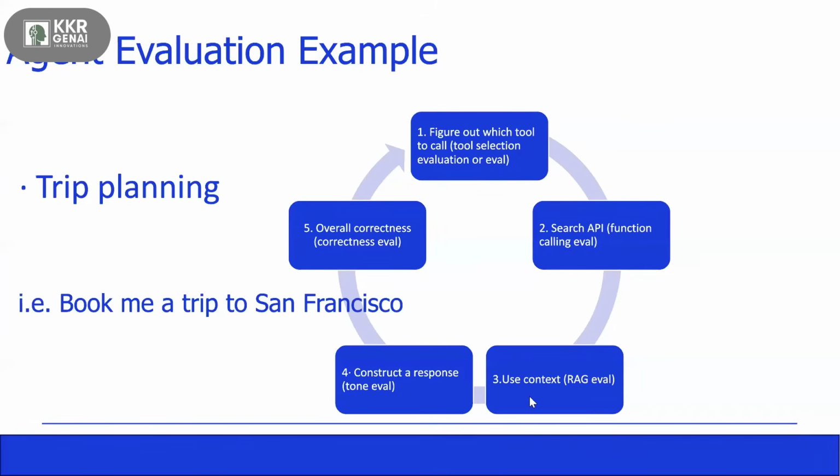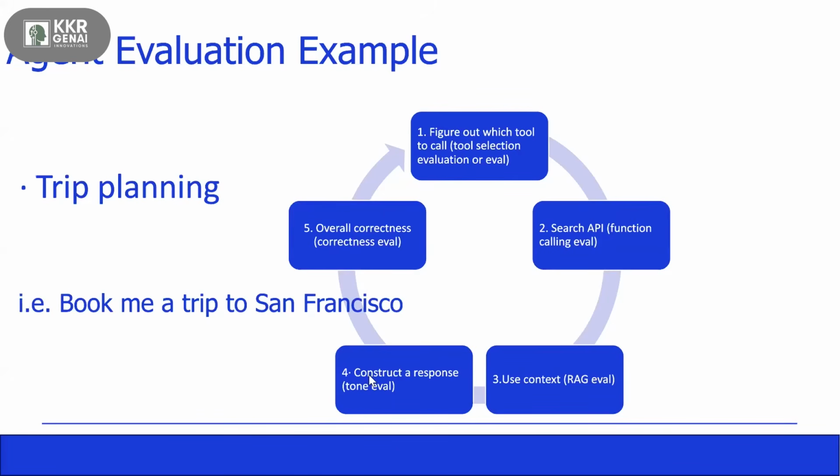Then it will find the context, which is the date, specific times, number of adults or passengers you want, everything decided by the context. Then it will generate the construct and provide the correctness of that. These are all the steps of the flow-based approach that will happen.